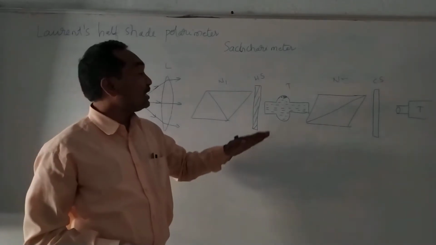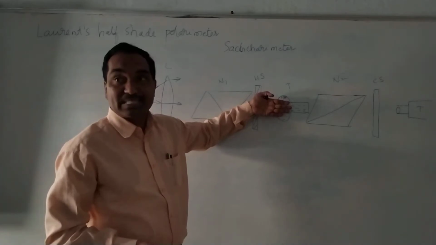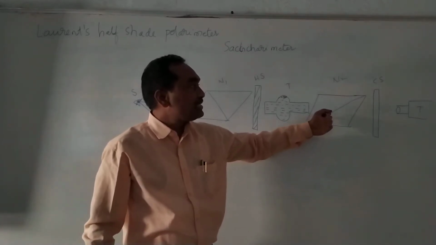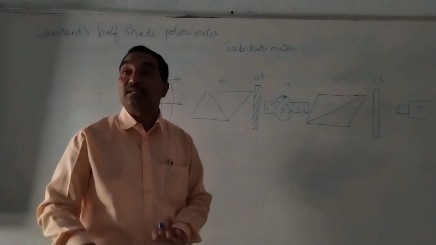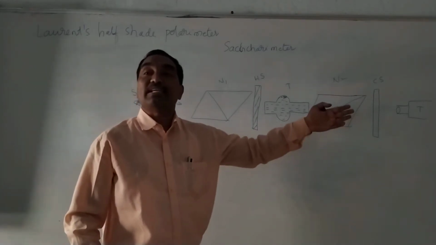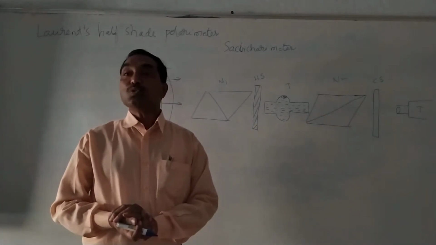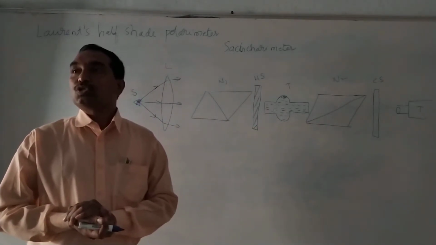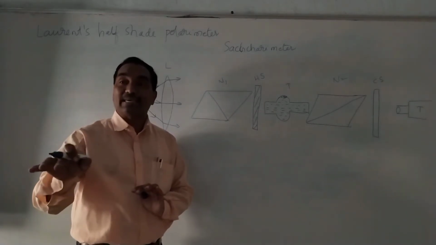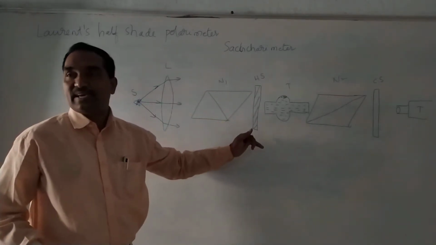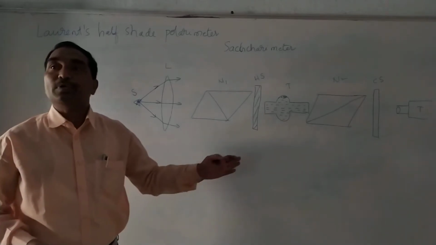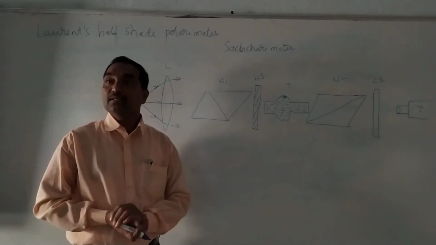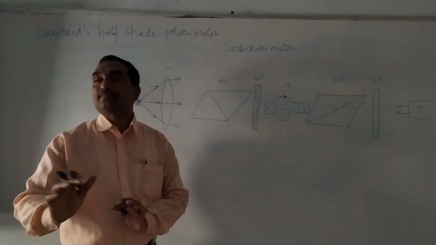Because some of the light travelling through the liquid may be scattered, the intensity of light emerging from the Nicol prism N2 is not dark in all positions, and maybe only in some regions. So the measurement on the circular scale is not accurate. To make the circular scale measurement accurate, we will use this half-shade device. So the importance of the half-shade device is that the measurement on the circular scale becomes accurate.